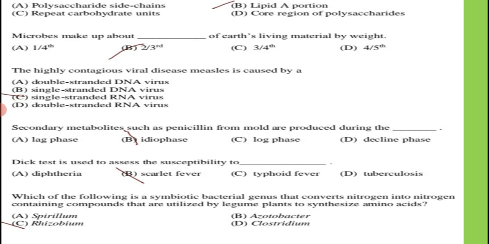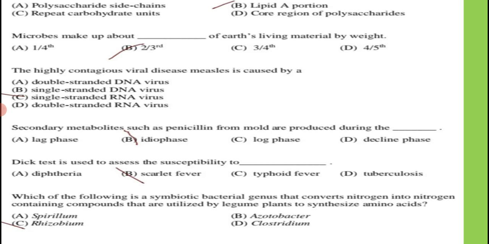Then the next question: which of the following is a symbiotic bacterial genus that converts nitrogen into a nitrogen containing compound that is utilized by a legume plant to synthesize amino acids? Here the question is asked on symbiotic nitrogen fixation, a symbiotic association between legumes of a dicotyledonous plant and nitrogen fixing bacteria.